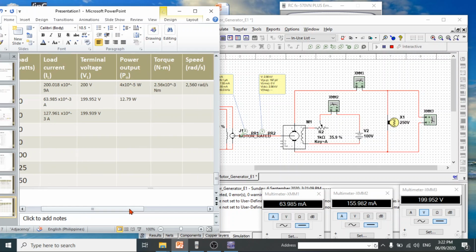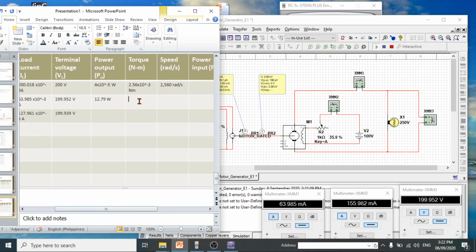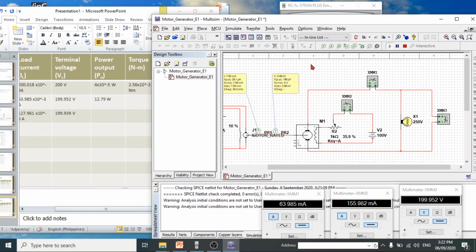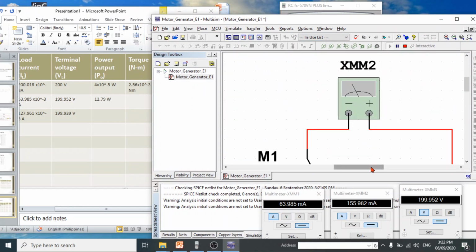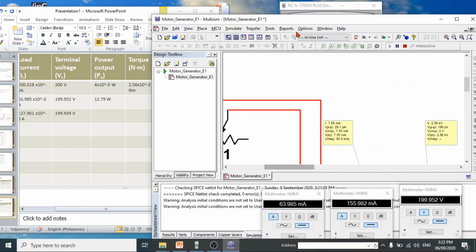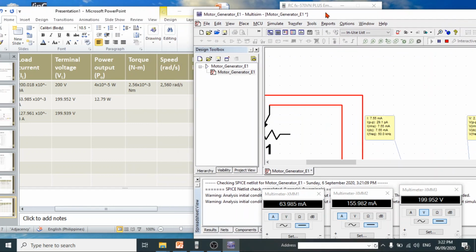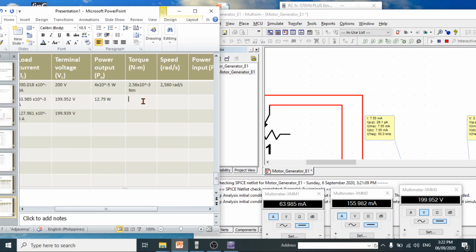Okay, so the torque measured is as given. So we can zoom out. So that's 7.55 millinewton meter, so not milliampere, times 10 to the power of negative 3.